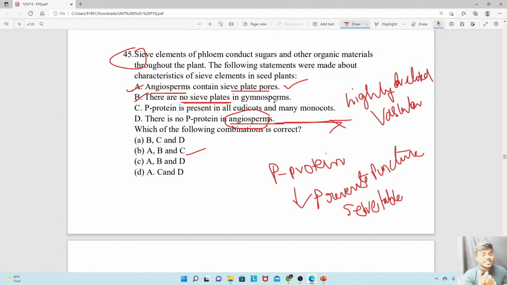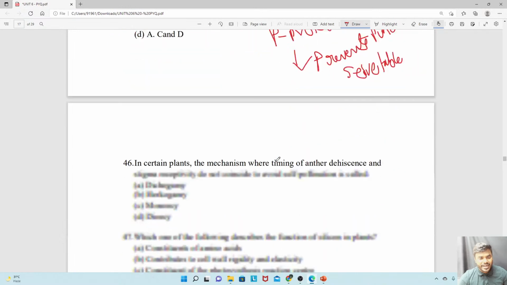So wherever the vascular system is poorly developed, there is a chance that phloem can rupture or get damaged, and then food can leak out. So what do we require? P protein is required in all eudicots and many monocots. That's good. Hence the correct answer will be B. Amazing. Great.